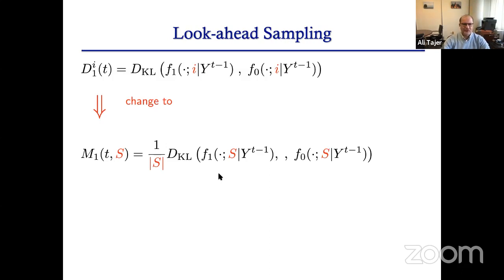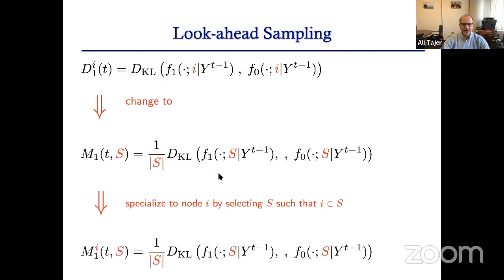Furthermore, in order to customize it to every node, we add an index and enforce that, to compute the index for every node, we only look at the sequences that contain node i for sampling. So M1 will be modified to M1_i(t) for sequence S.